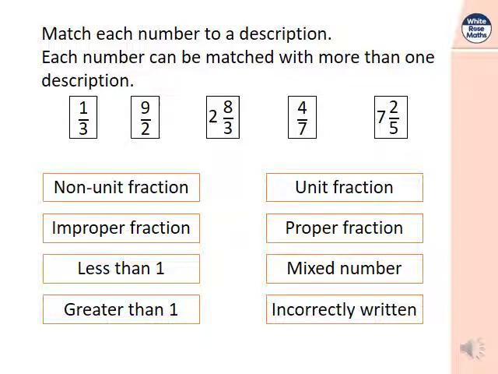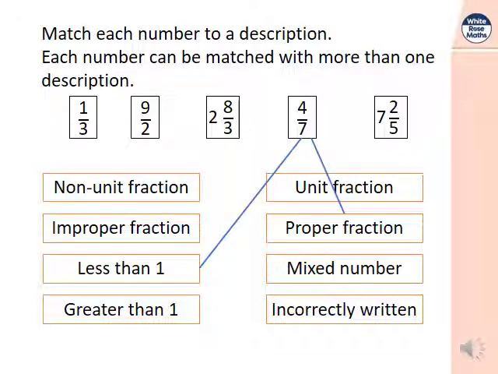Let's have a look now. We've got 2 8/3, and that is greater than 1. It is also incorrectly written. 8/3 we could have converted into some more mixed numbers into a whole number, and it should have been 4 2/3. Let's look at 4/7. 4/7 is less than 1.